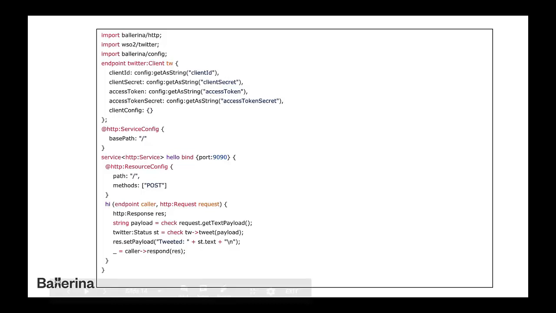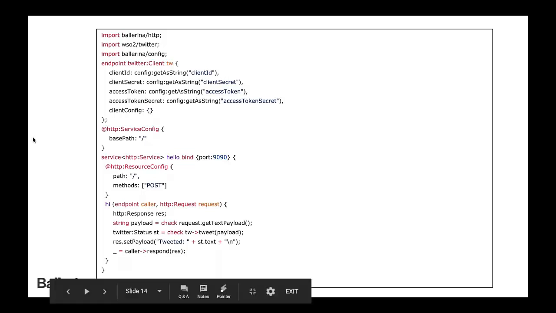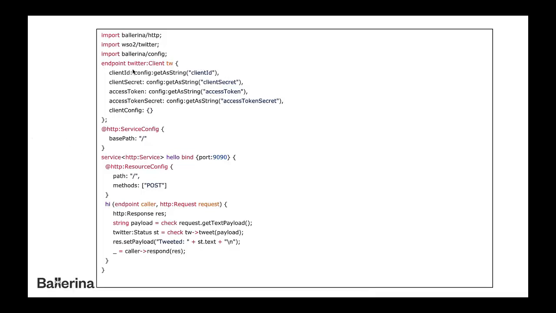So this is basically it. And again, the same concepts are there. Starting with the endpoint, it's of type Twitter, and we basically fill in the properties like the client ID, secret, the access tokens, and so on.